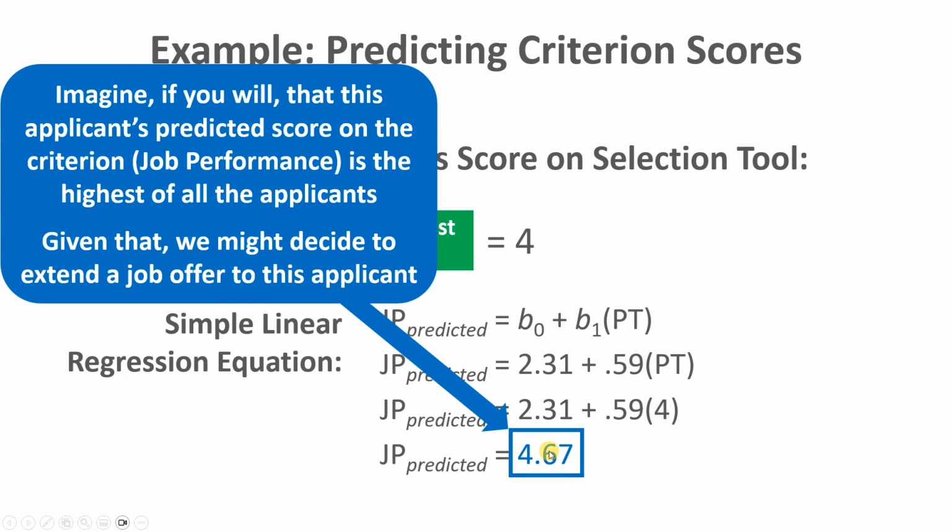So you could imagine a scenario in which the organization would only extend a job offer and hire someone if their predicted job performance, say, exceeded the threshold of 4.5, okay? Whatever that means on that scaling. In this case, this person's score of 4.6 that's predicted for job performance or the criterion in the future does exceed 4.5, and thus they would be eligible for receiving an employment offer.